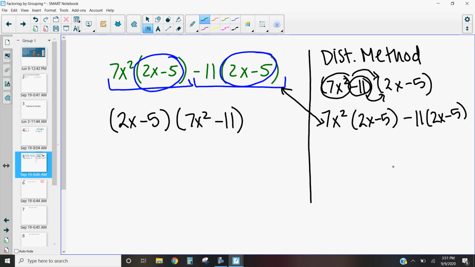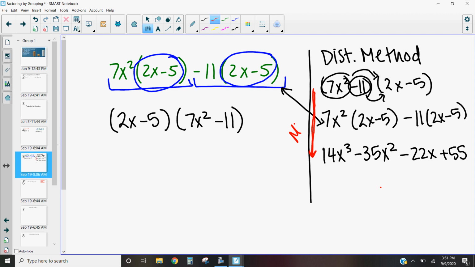That's because when we're factoring, we're doing the opposite of that multiplication. So as we continue to solve this, we can go in the opposite direction. Here, I would continue to solve this and I would get 14x cubed minus 35x squared minus 22x plus 55, right? This would be in that standard form. So when we're going from this factored form down to this standard form, we are multiplying.